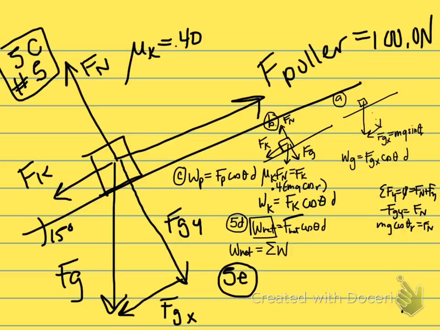So on 5E, what we know is that the net work, whatever you got in the last part in 5D, is equal to 1/2 mass velocity final squared minus 1/2 mass velocity initial squared. And you have an initial velocity, you have a mass, you now have the net work.